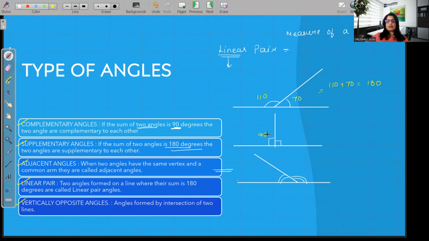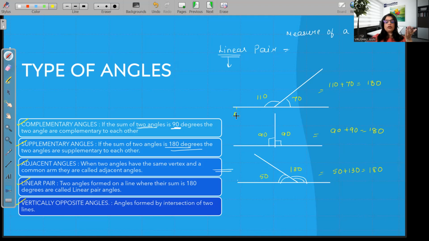Here, if this is 90 and this is 90, then 90 plus 90 gives you 180. If this is 50 and this is 130, then 50 plus 130 is 180. All of these are on one single line.